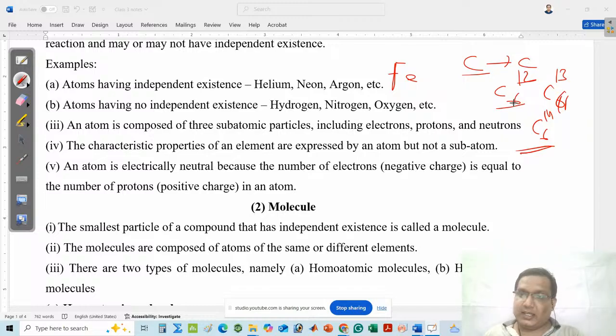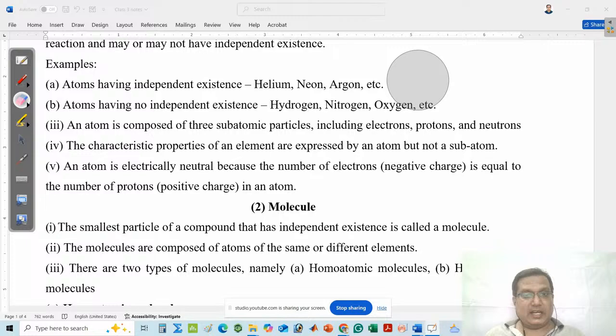So you cannot say the characteristics of the carbon element depend upon the number of electrons, protons, and neutrons. It is only explained with the help of atoms. So here you can say that the characteristic property of an element is expressed by an atom but not a subatom.